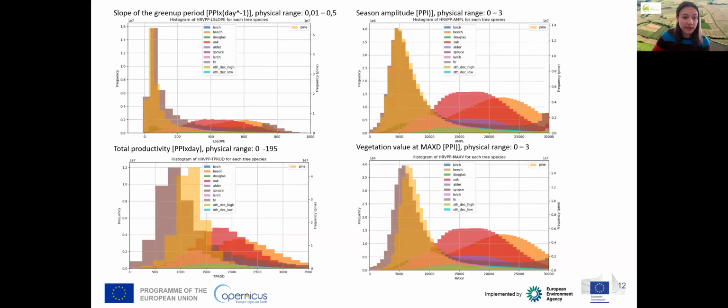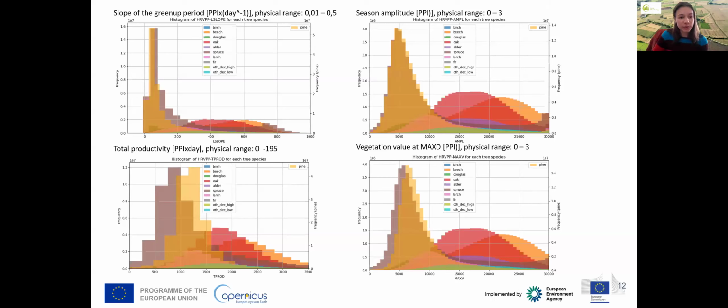And you can see that the coniferous species, so pine and also spruce, give a little bit of the same response in certain graphs. But for example, for total productivity, the mean value seems to differ a bit, and the distribution is a bit different. So there is some potential in distinguishing these two tree species from each other.